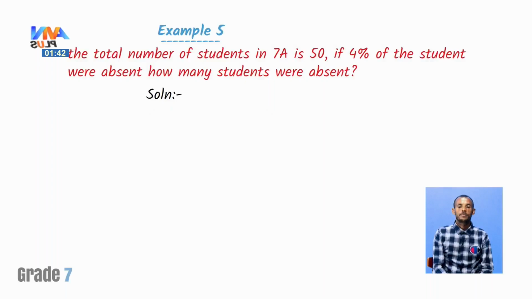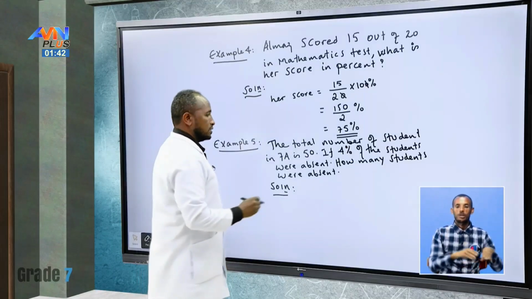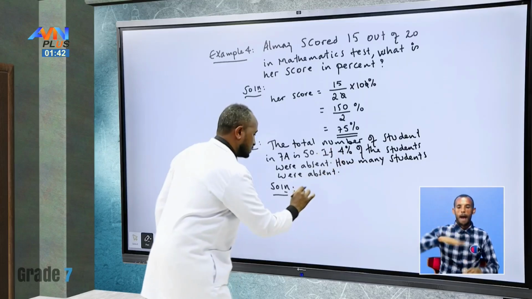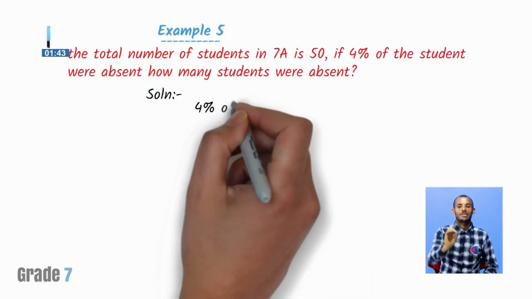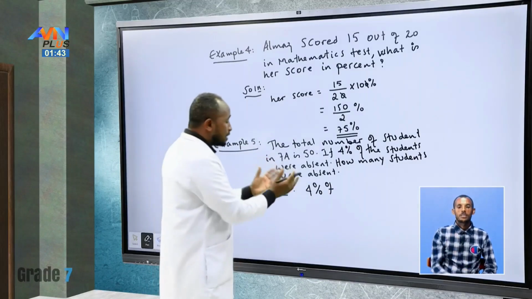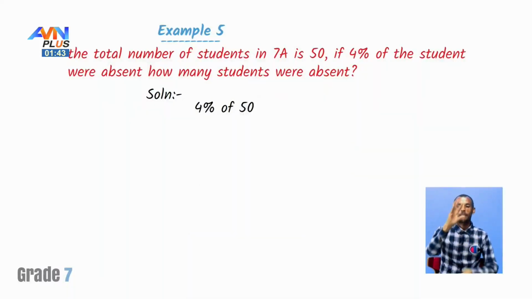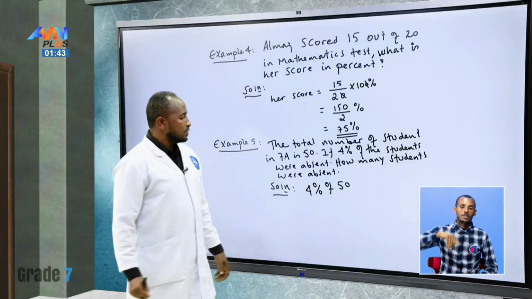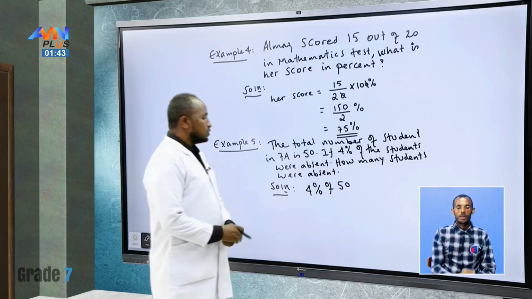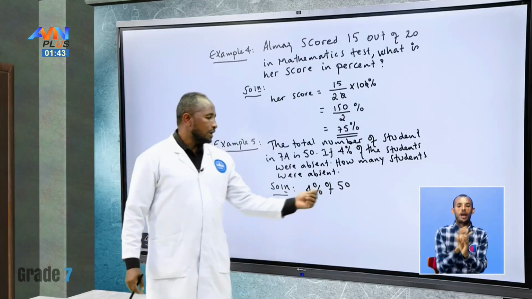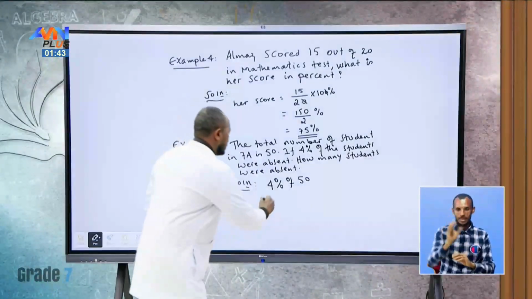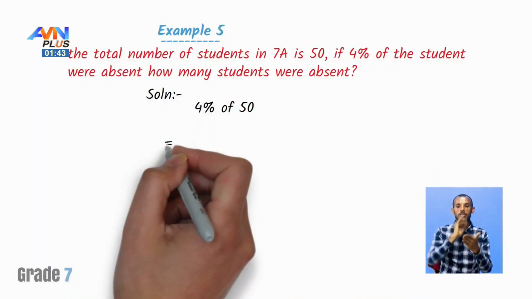The number of students absent is 4% of the total students, 50. So simply we calculate 4% of 50. How do we calculate this? Simply you multiply these two numbers.